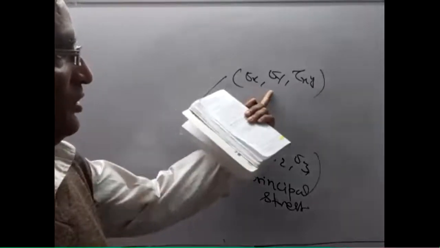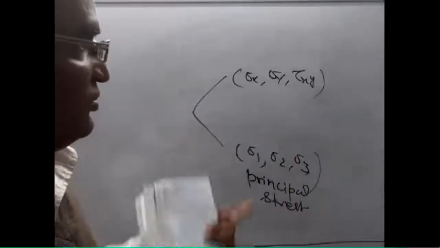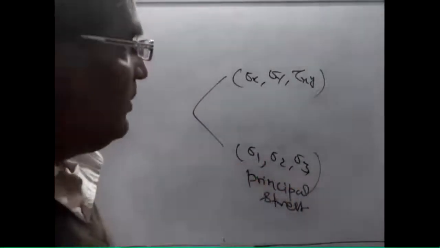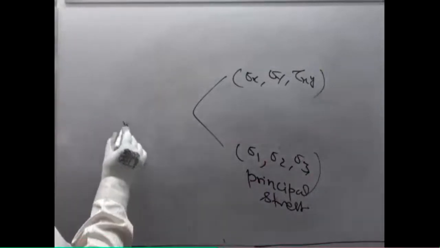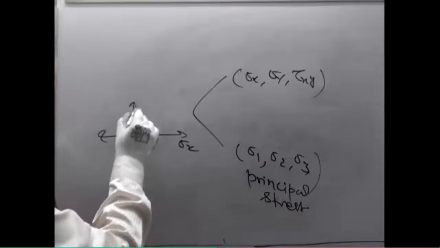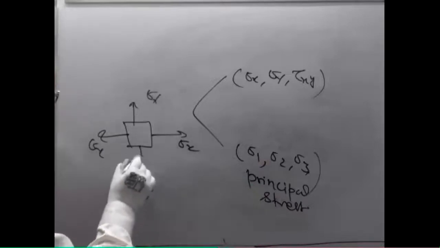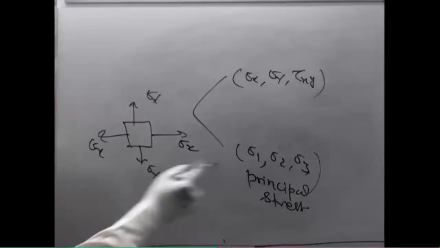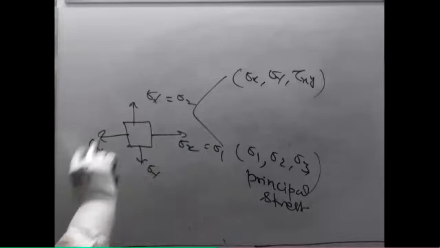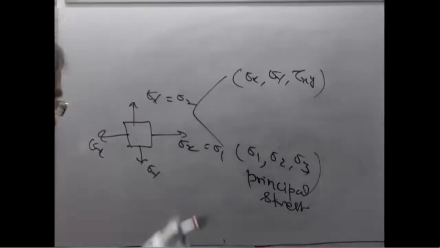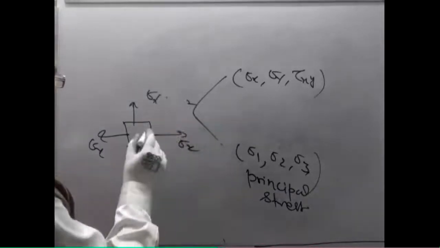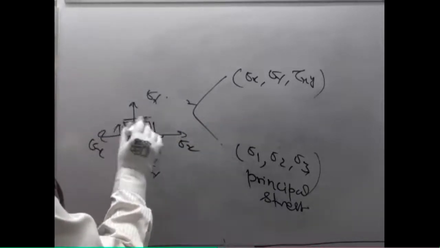Remember that sigma x, sigma y can also become sigma 1, sigma 2. Suppose the element you have been given is like this: this is sigma x, this is sigma y. In this case, obviously sigma x will be equal to sigma 1 and sigma y to sigma 2, because there is no shear. That is a special case. But the most general case is when the shear stress also comes into the picture.